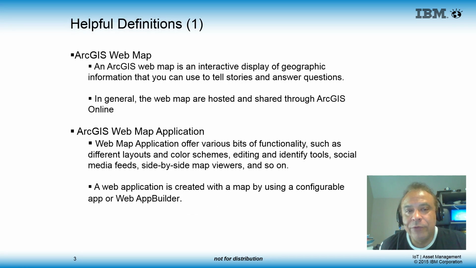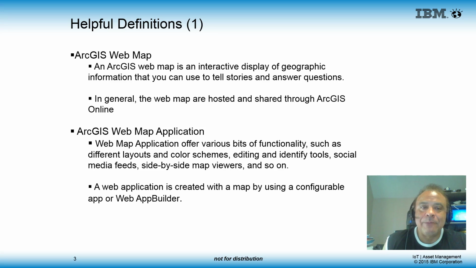I put 2 additional definitions besides the ones you've seen in part 1. This is ArcGIS Web Map, which is an interactive display of geographic information, which is kind of what we do when we configure map services. We give a base map and all the different layers.